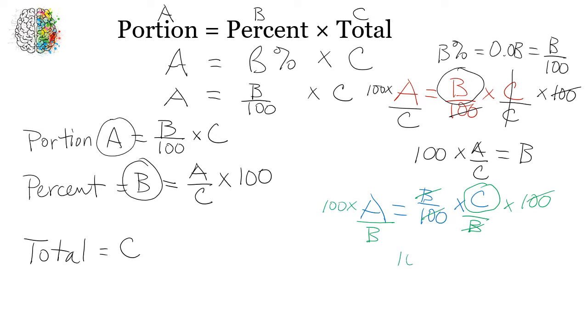So that's going to give me 100 times A over B equals C. So I can flip that around and write that as C equals A over B times 100. So this is when I'm solving for C. I'm going to put whatever they give me as my portion, divide that by the number they give me for my percent, and then multiply that by 100.